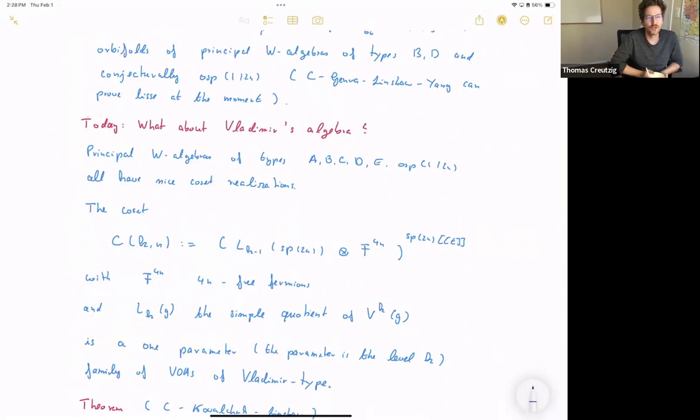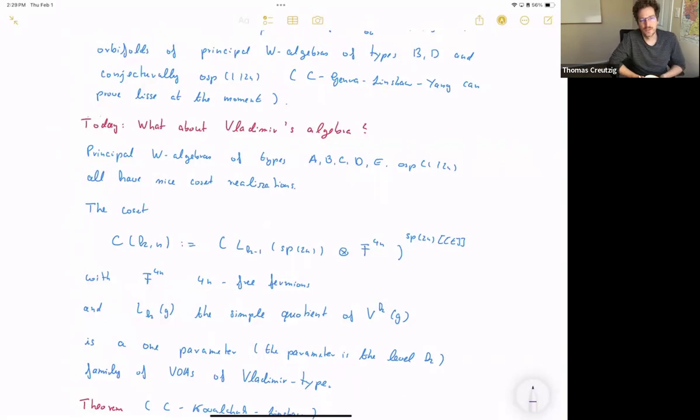Probably one always has to choose a good perspective to achieve what one wants to achieve. And the principal W algebras of type A, B, C, D, also E, also OSP(1|2n), all of them have some kind of nice coset realization. And these coset realizations are always an affine VOA, maybe times a free field algebra, and then a diagonal coset.